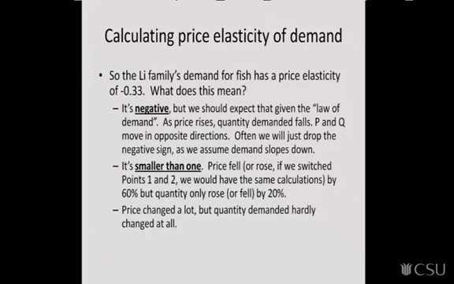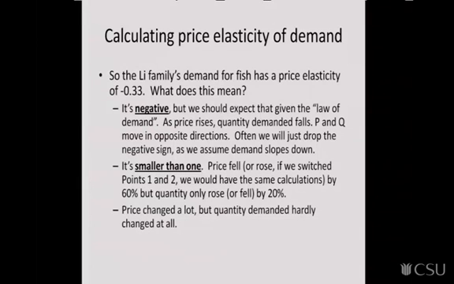And what does it mean? Well, it's negative, just expressing the law of demand: prices and quantities go in opposite directions. In this case, as the book does, we'll just drop the negative sign and express it as 1/3, 0.33, for shorthand. Because why? Well, we always assume that demand curves are downward sloping. And as long as the demand curve is downward sloping, its price elasticity has to be negative. So as soon as you say demand curve, you already know it has to be a negative price elasticity.